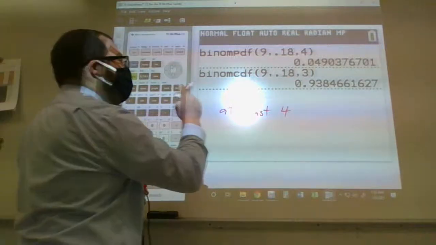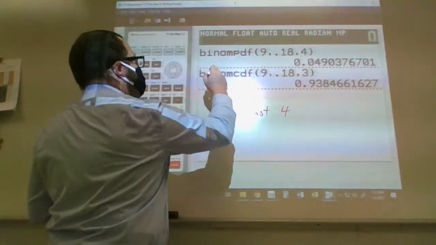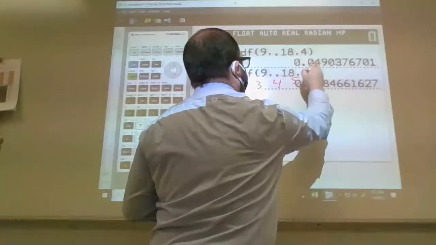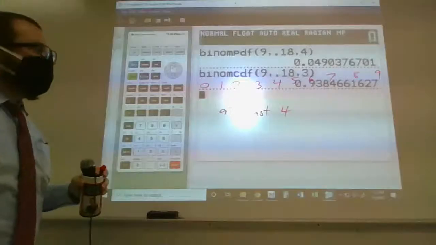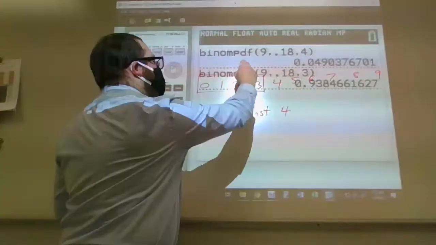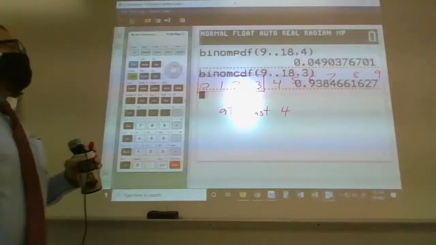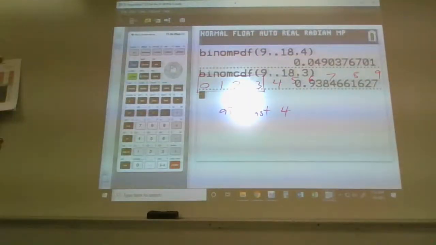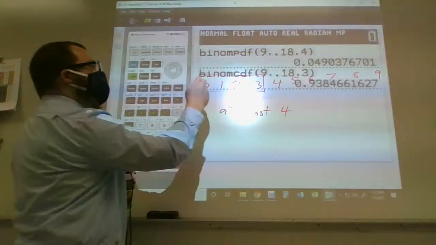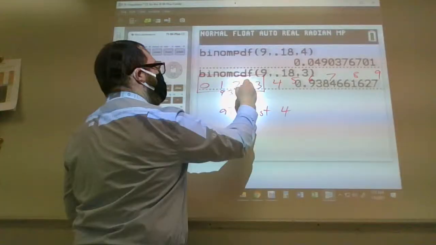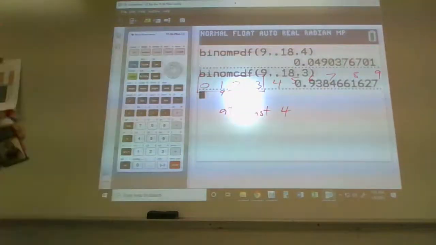Here's the thing. You could have 0, 1, 2, 3, 4, 5, 6, 7, 8, or 9 lefties in that group. I calculated 3 or less, meaning there is a 93.8% chance that you would get 3 or less lefties.